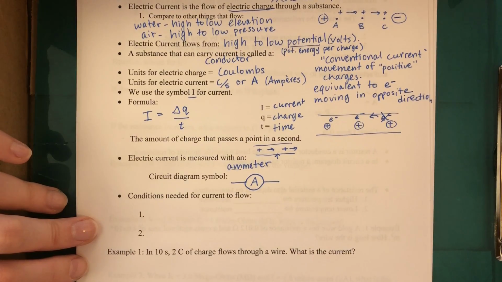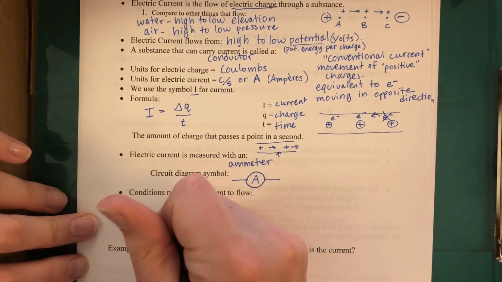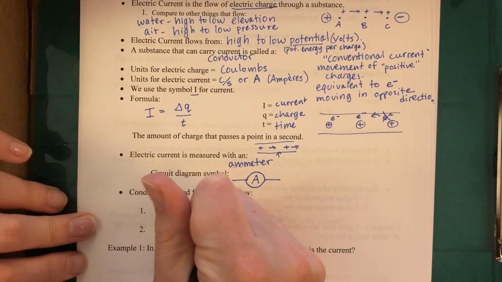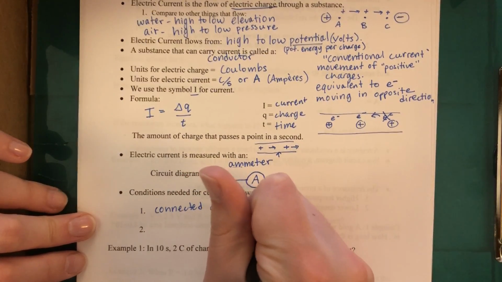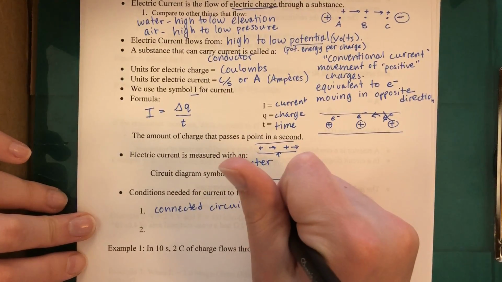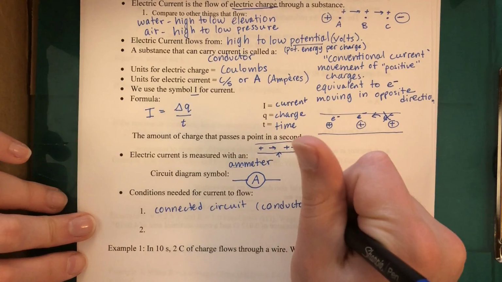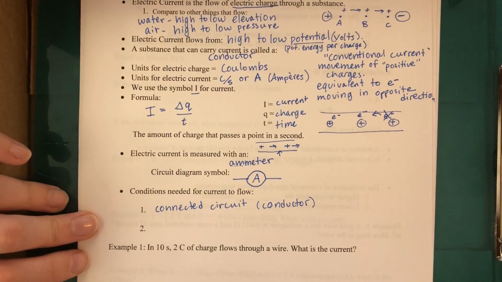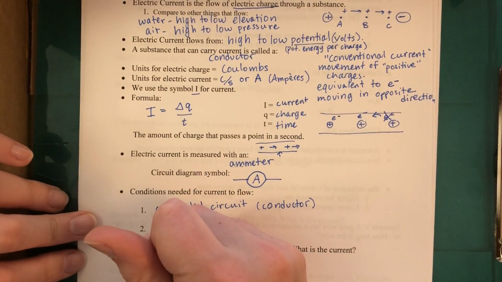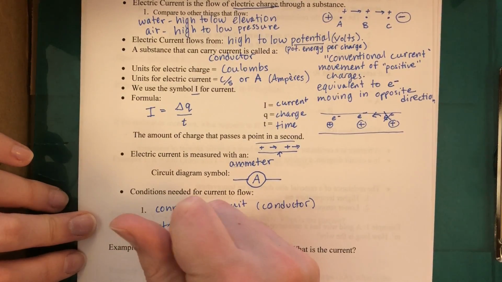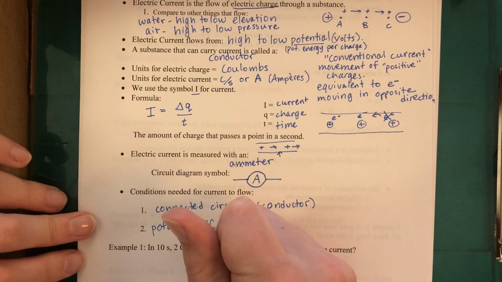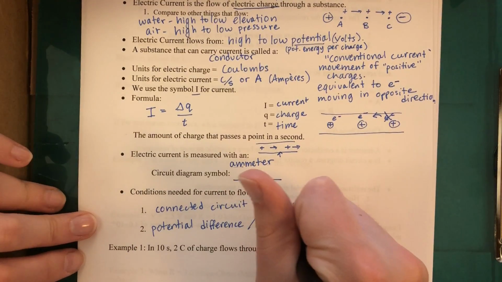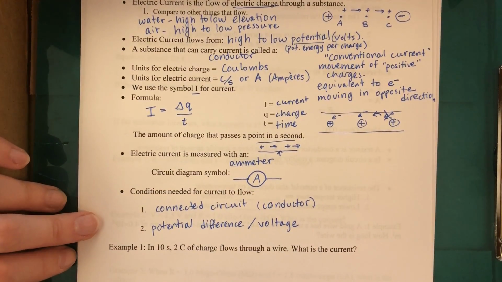Okay. In order for current to flow, there needs to be a connected circuit made of a conductor, so there needs to be some place for the charge to go, and there also needs to be a potential difference, or voltage, which is a more casual word for a potential difference.